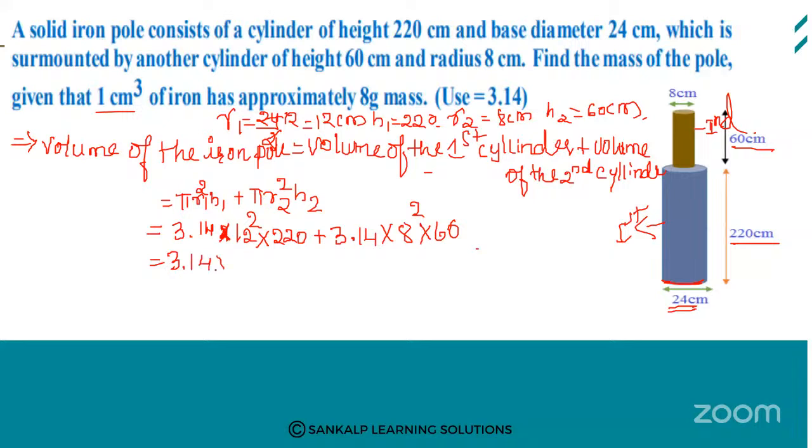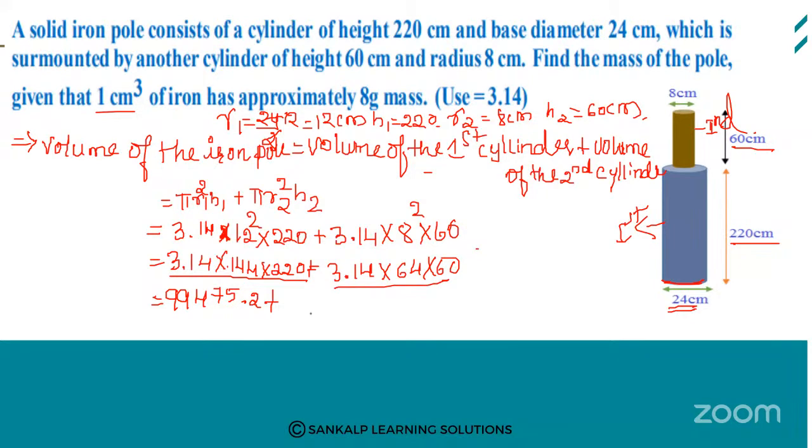3.14 into 12 square is 144 into 220, plus 3.14 into 8 square is 64 into 60. If you do the multiplication of all these values, then you will get 99475.2 plus 3.14 into 64 into 60 is 12057.6.